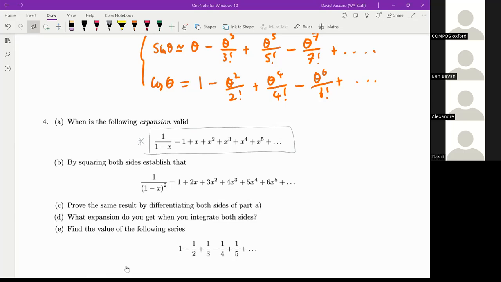Geometric series, geometric sequence, because it is just a geometric expansion with common ratio x.